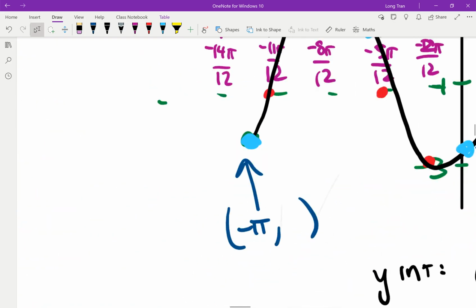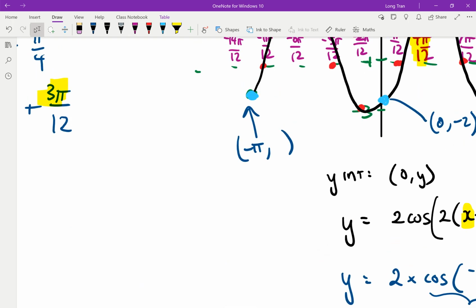But let's prove that. So if we were to solve this one to find out y is equal to, again, 2 times cos of 2 times negative pi, minus pi on 3, and then minus 1. So again, using the unit circle, I would think of this as negative 2 pi, and then minus 2 pi on 3.